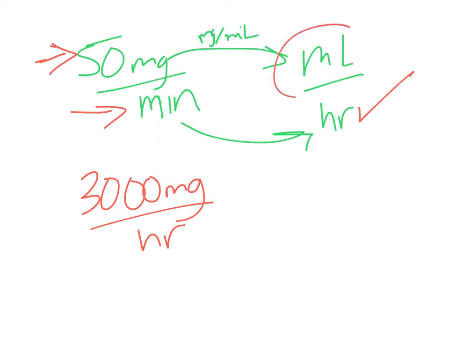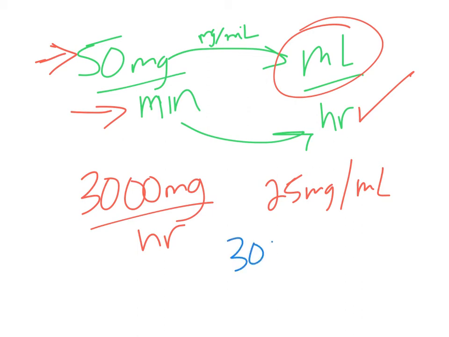Now I just need to see how it comes and how it's diluted, and let's say it's the same medication that was 25 milligrams per milliliter. Based on how this is diluted, in order for us to get it to milliliters, I'm going to have to put it into a dosage formula.